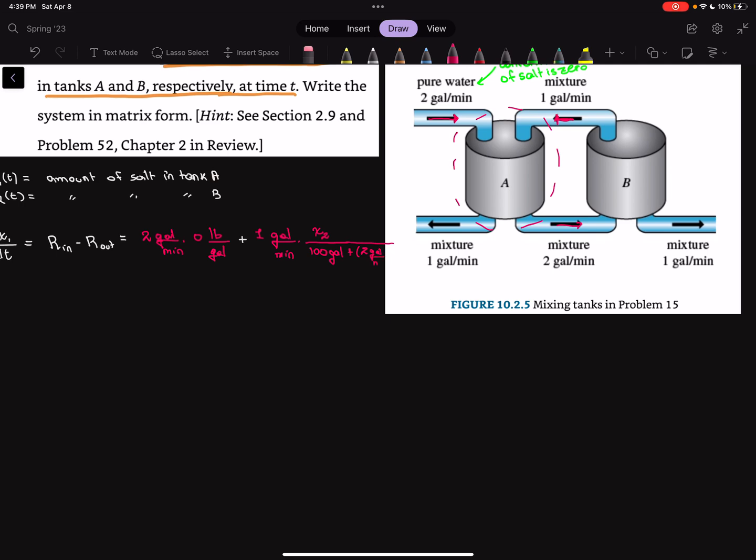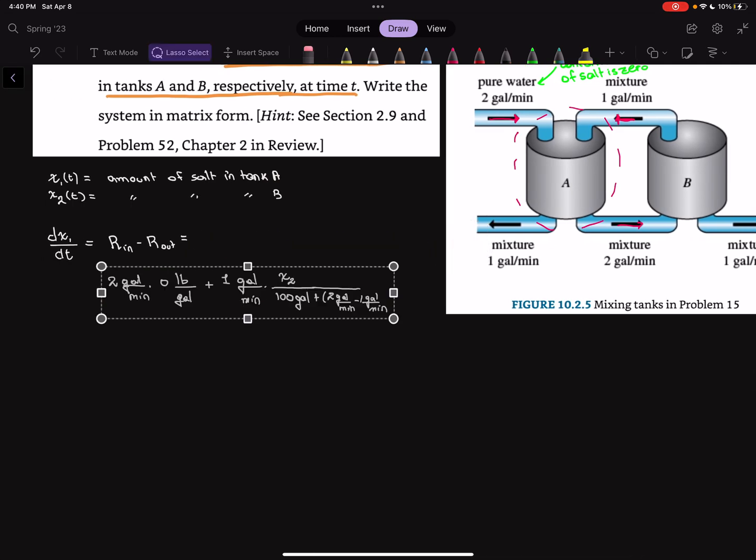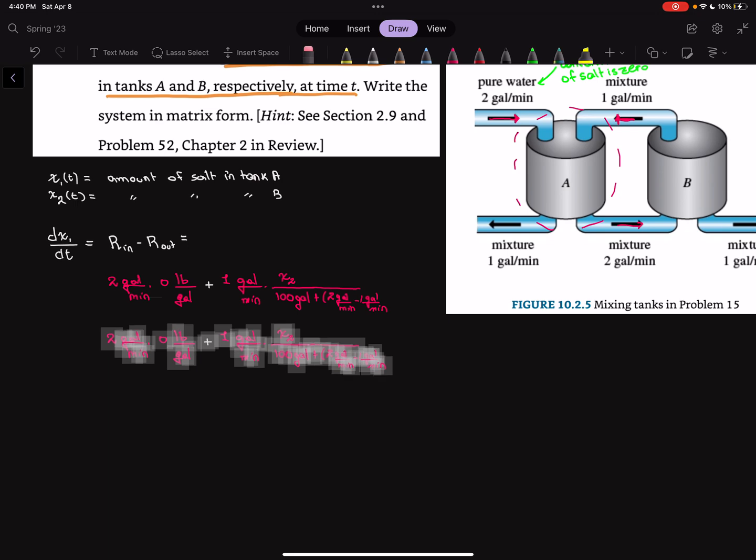And then we have minus 1 gallon per minute, and I'm running out of space here, so I'll move this down so that we get more space. And I think I might need even more space, so I'll write it over here.